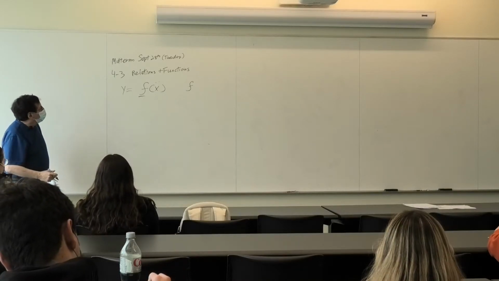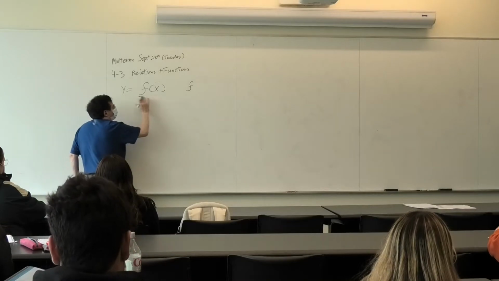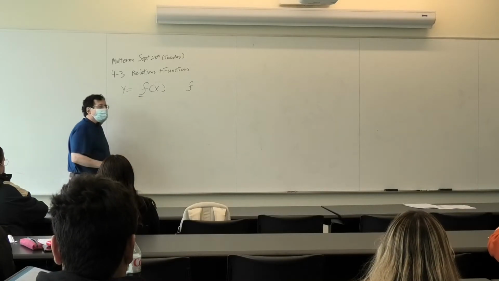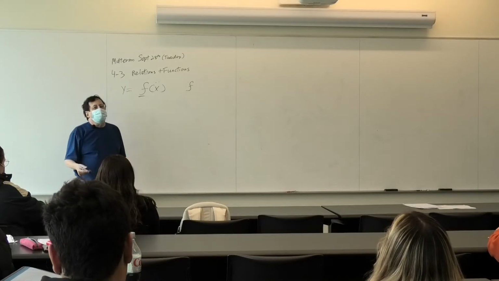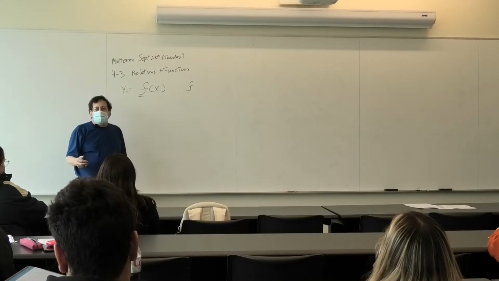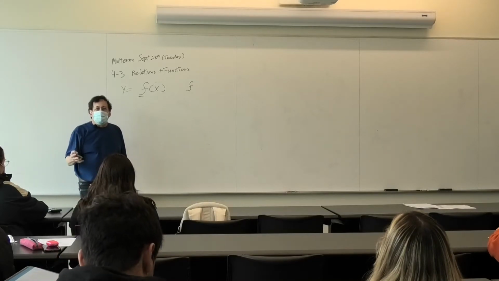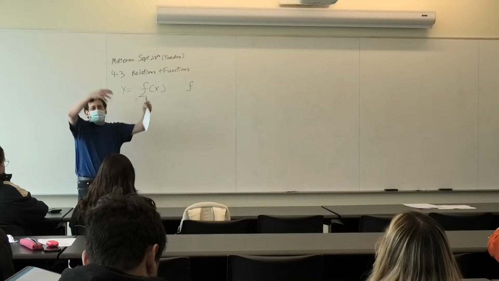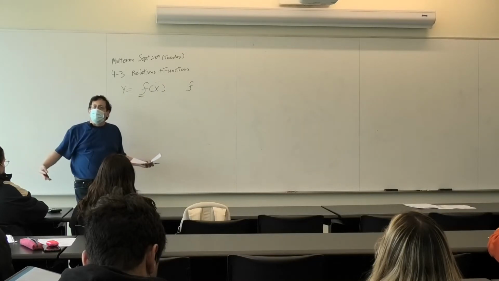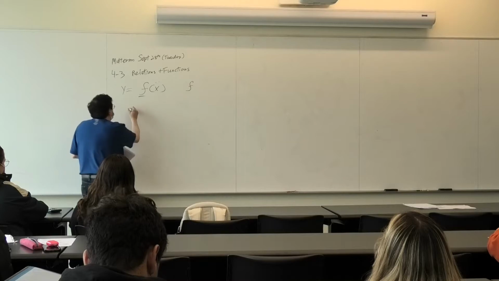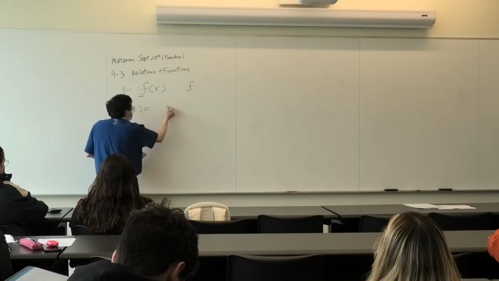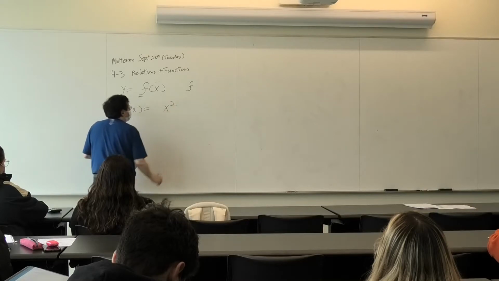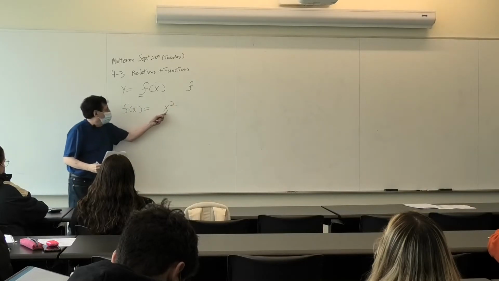Now, often when we're talking about functions, we don't actually say what the domain is or what the range is. You just have to guess. And in general, the right guess is the biggest set that would work. So if I say f of x is x squared, what numbers can I plug in here?